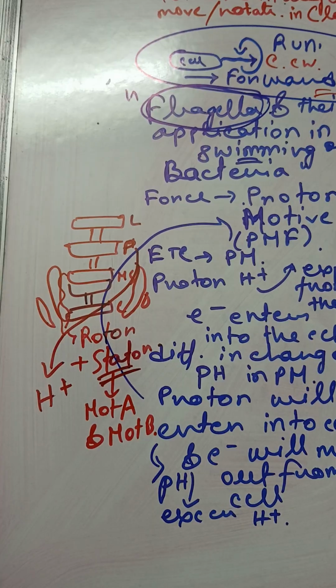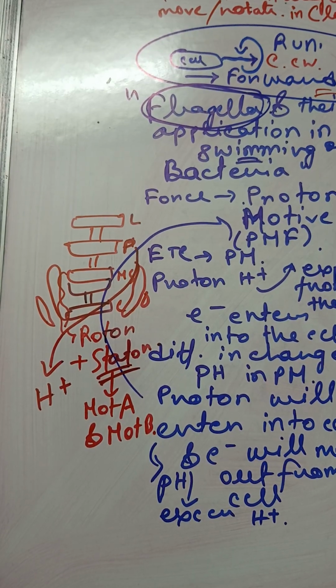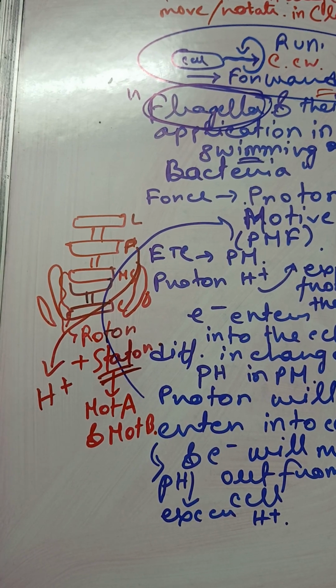So they are also known as proton transporters in bacteria. In this process, the swimming motility, or you can say the run, occurs in both gram-positive and gram-negative bacteria with the help of the flagella, and the driving force is the proton motive force.